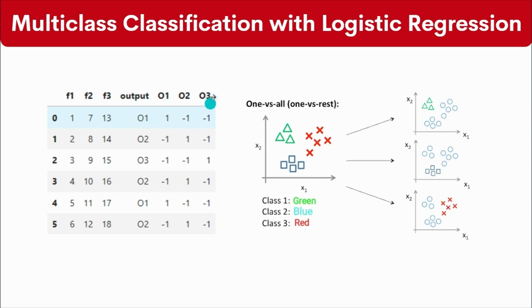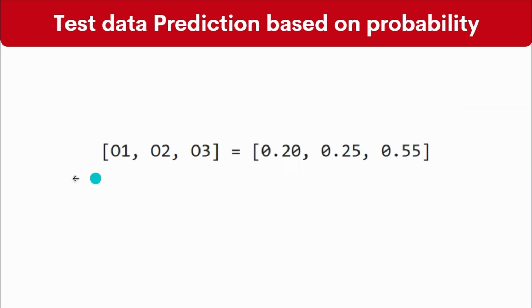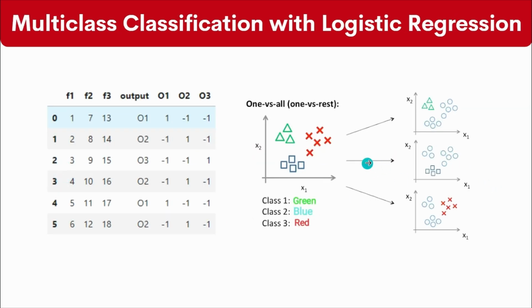It is going to make an output like this. If O1 is the good one, then you will have +1, and the remaining will be -1. Like that it is going to map the values. For example, it is like 1 versus all, 1 versus the rest. In that manner the output will be predicted. Finally you will get a probability.